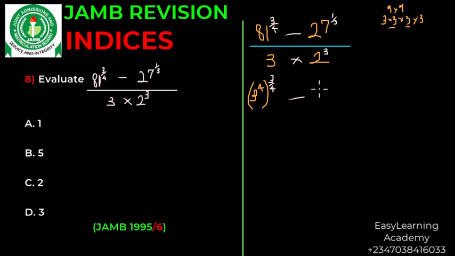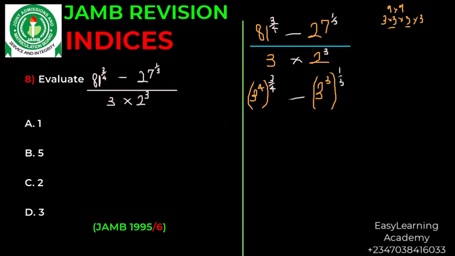So here we have 3 raised to the power of 3, replacing the 27, and we don't forget the initial power, which was 1 over 3. All right, we're good with that.